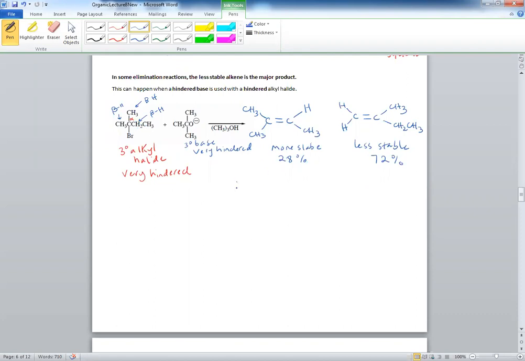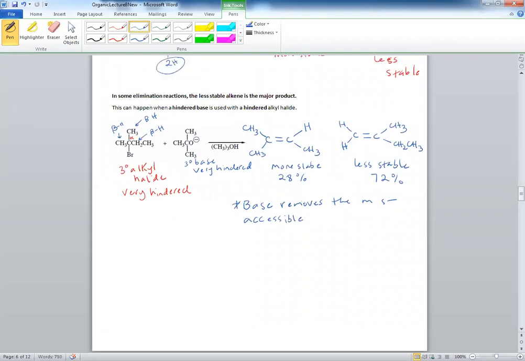So in this case, what we'd like to say is that the base removes the most accessible H when the base and alkyl halide are very hindered.